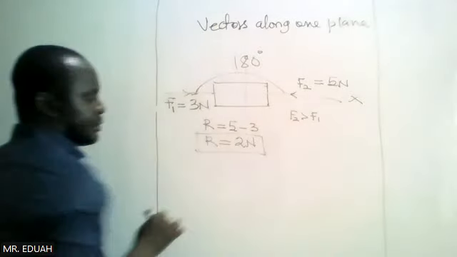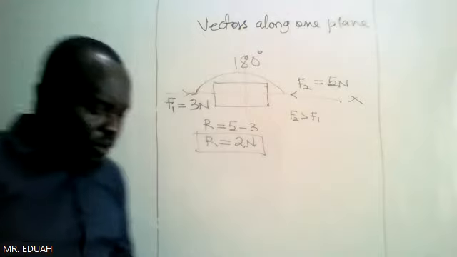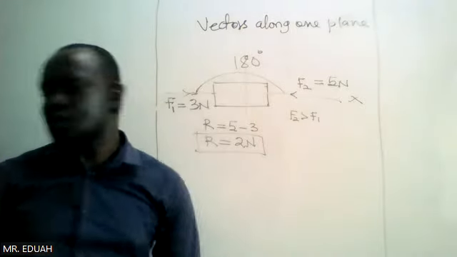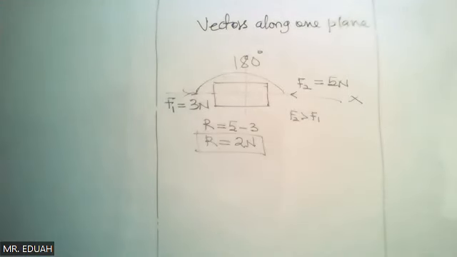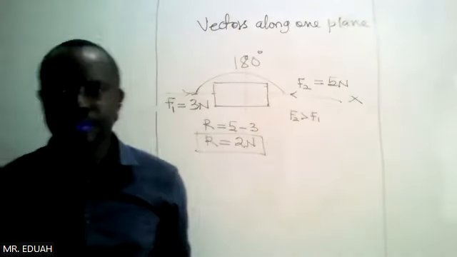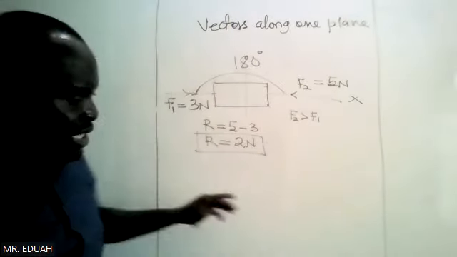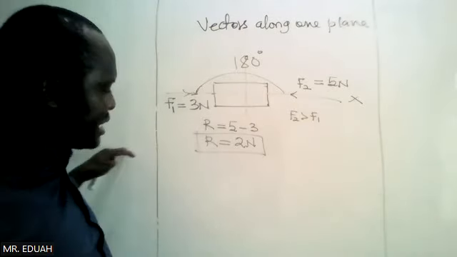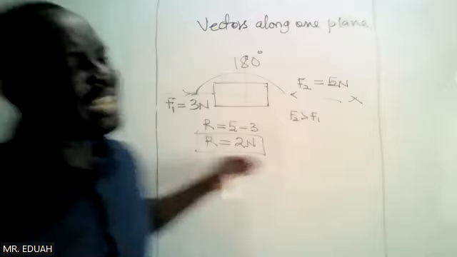Is that okay? Now, what is the direction of the resultant force or the net force? In this case, the direction will be along the direction of the larger force.